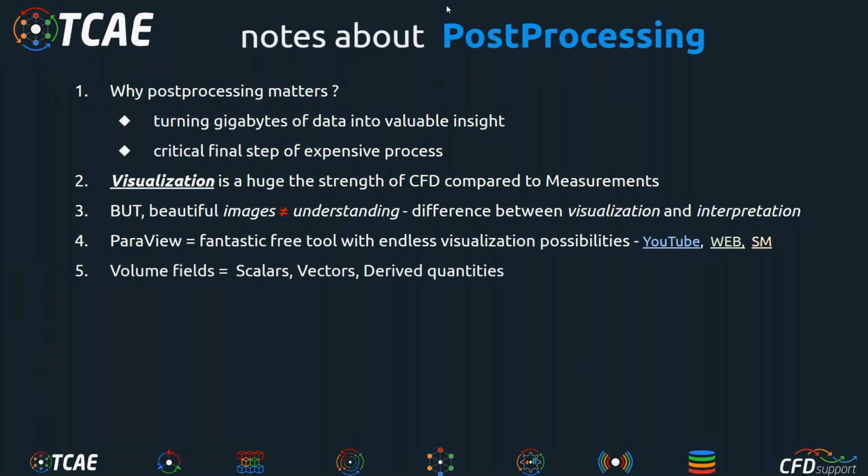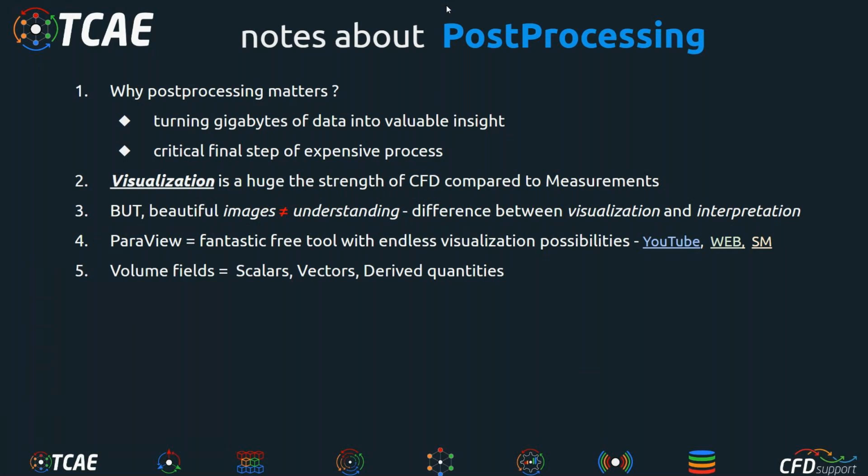When we talk about post-processing, it's important to understand the kind of data, right? The data details: what we are looking at, what the sorts and groups of data are, what we are observing. I guess you know that there are scalars, scalar fields, there are vectors, there are derived quantities. There are some basic quantities which we simulate, and those are the real results of the simulation.